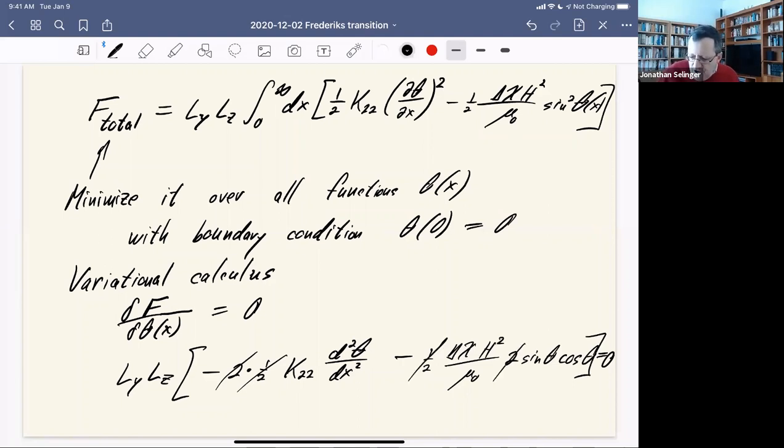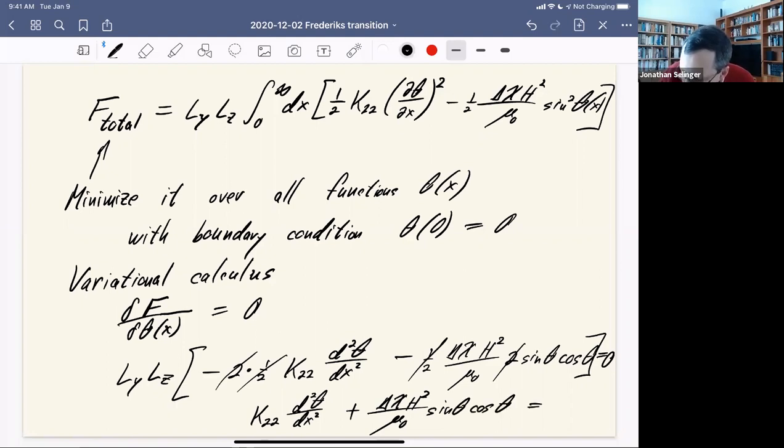Again, these factors cancel very conveniently. So our differential equation then simplifies to this nice form of k22 times the second derivative of theta with respect to x plus delta chi h squared over mu naught sine theta cosine theta equals 0.